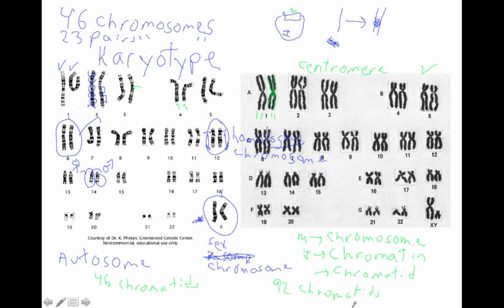So I'm going to go to a new page here, and I just want to review some of these terms and how we count them. Okay, so let's do some drawings. Let's draw a chromosome here. And once it's been replicated, let's draw it again.